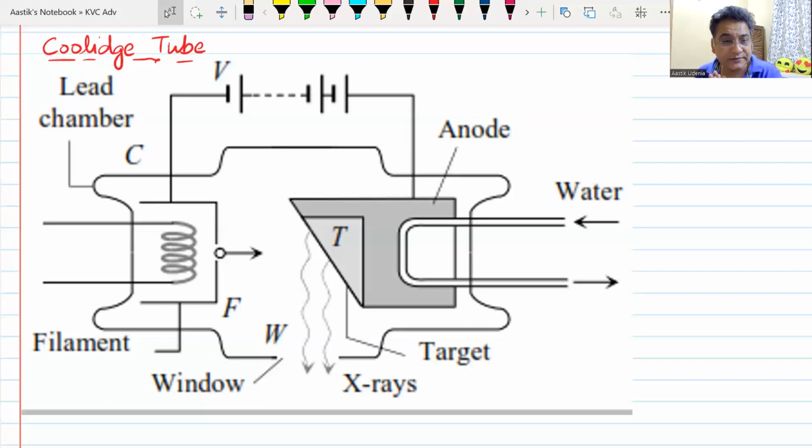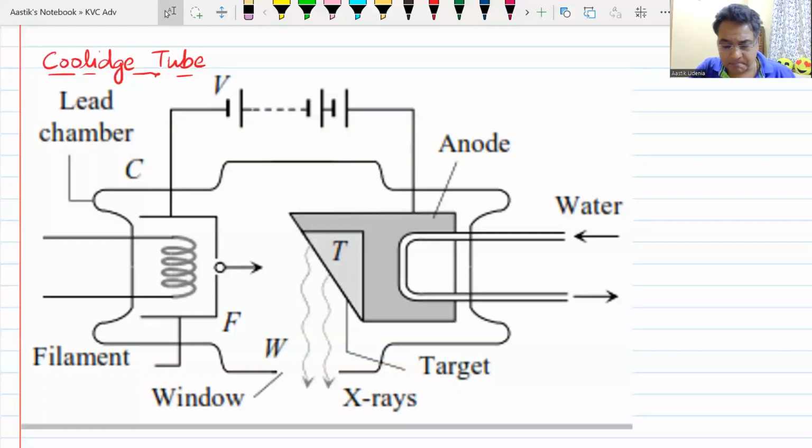Yes, 5 minutes. Draw the diagram calmly and then try to make me understand what is happening here. If you can explain, that means you have understood this. The questions will come automatically. Yes, what is happening here?